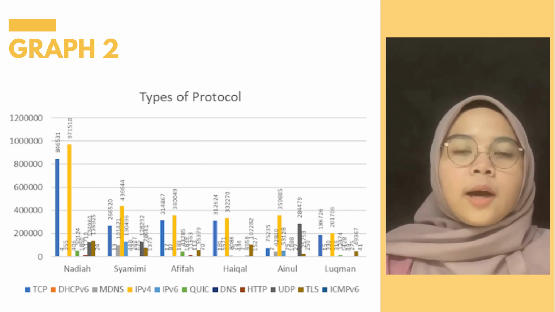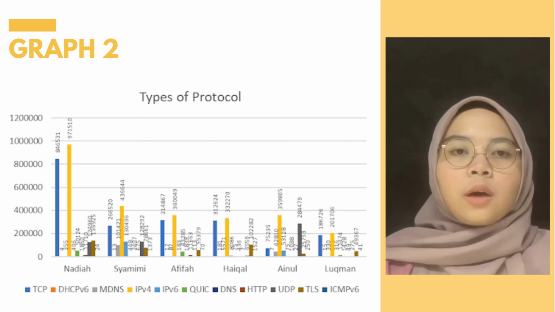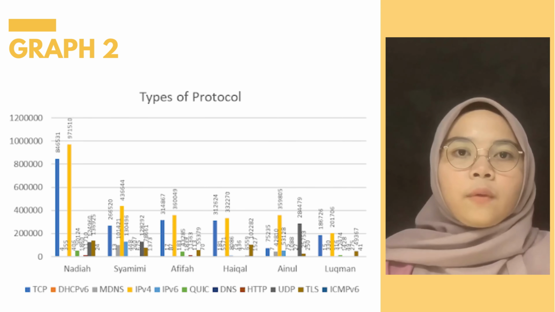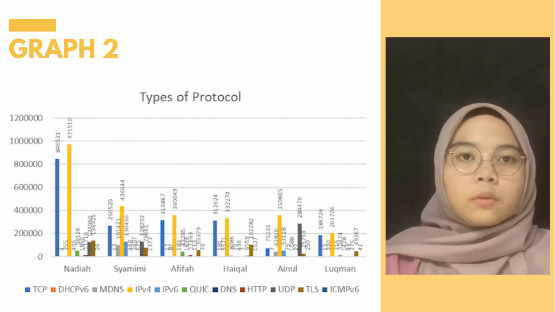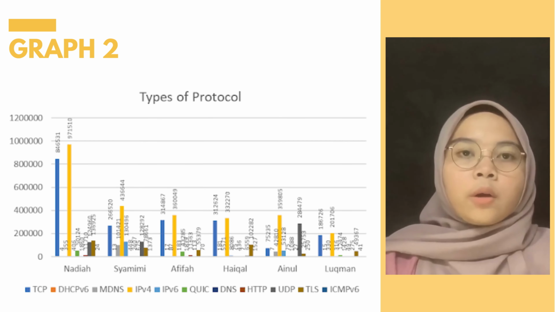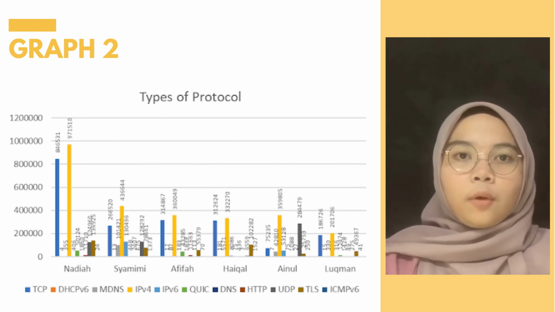For TLS, the highest value in this protocol is Nadia, with the value 136,925, while the lowest value is 25,753 owned by Ainu. For ICMP v6, Haikal gets the highest value, which is 1,527, while the lowest value is Nadia, with the value she gets being 24.